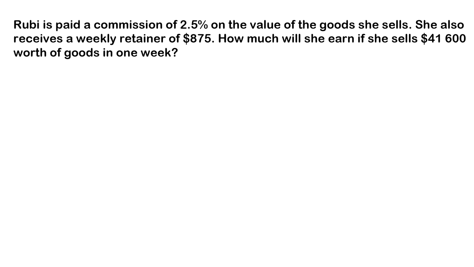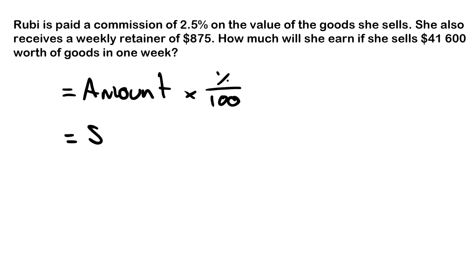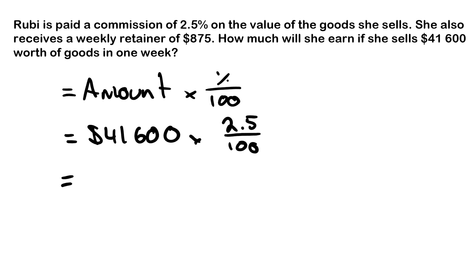So we need to start by finding that percentage. To do that, we're going to go our amount multiplied by our percentage over 100. So we get our 41,600 multiplied by 2.5 over 100, and that's 1,040. So that's her commission.